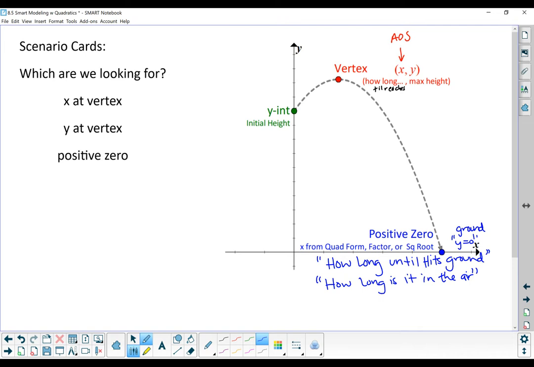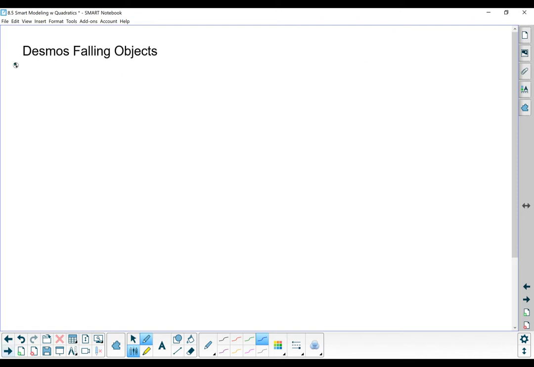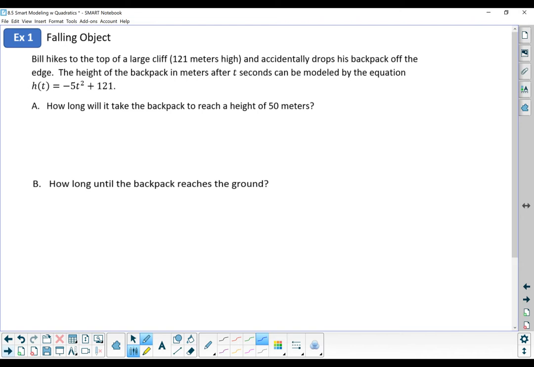If you get those sorts of questions, you're looking for an x value, and you're looking for the positive x value, which we might get from the quadratic form or from factoring or from using the square root method. So we're going to go through just a couple of examples here.